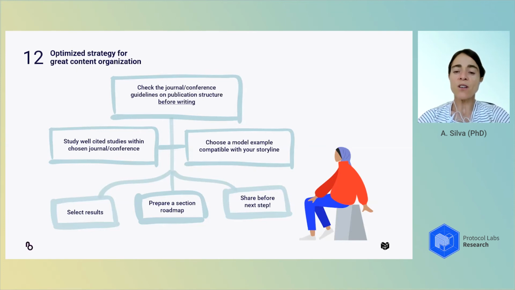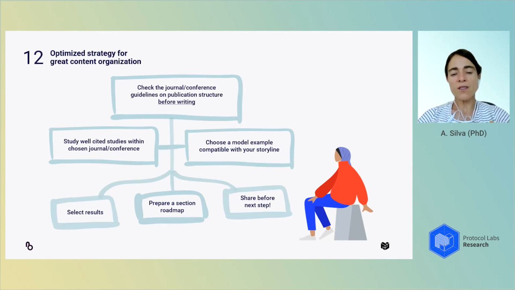Eventually go as far as choosing a model paper, a model publication compatible with similar research to what you're going to be doing, and have that by your side to act a little bit as a guide and an inspiration to set up your story, because you don't have to reinvent the wheel. It's absolutely fine to structure a paper in a similar way to what has been done before, in a way that is expected, because the structure is more or less rigid. So all the sections are pretty similar and the expectations of their contents are exactly the same.